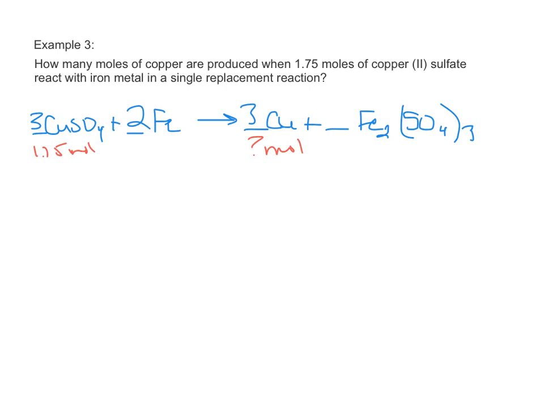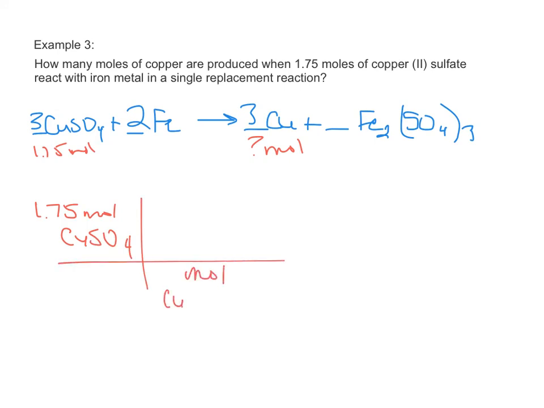So we can start with our given here. 1.75 moles of CuSO4. And so that means we're going to have to cancel out our moles of CuSO4 and convert it to moles of copper.